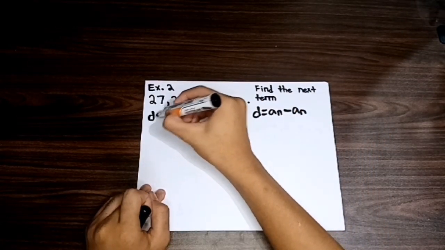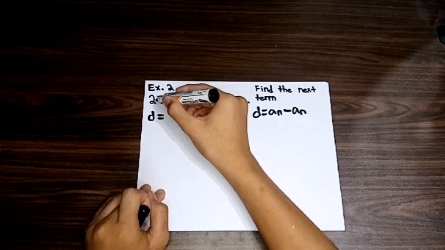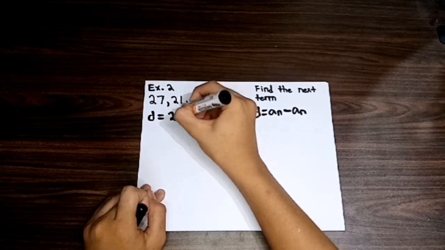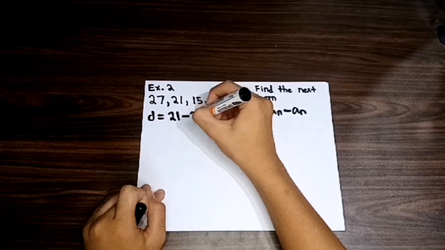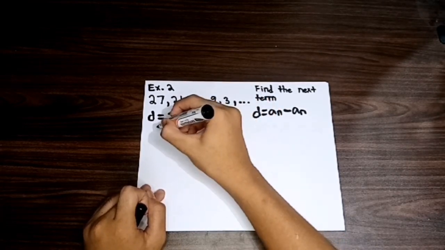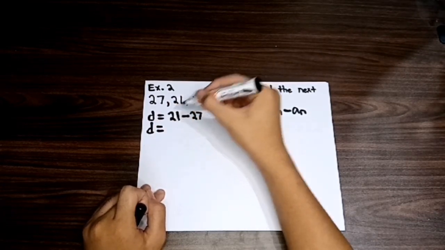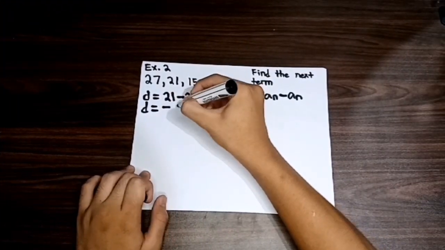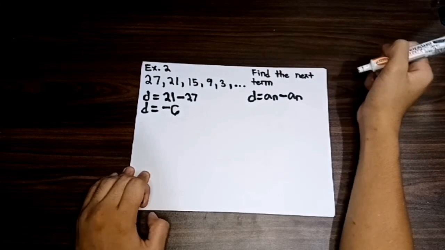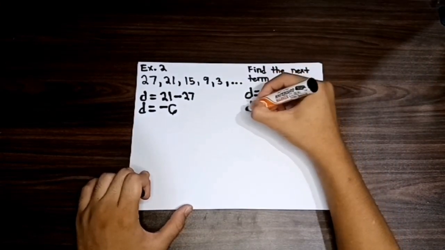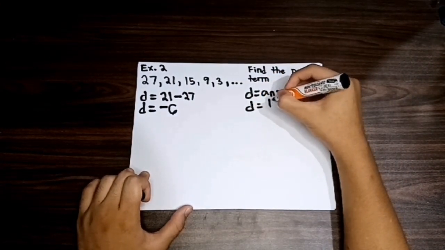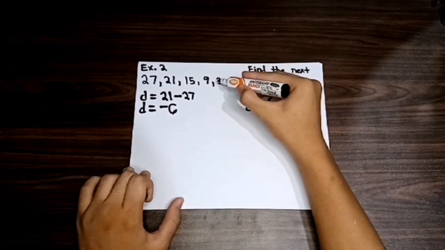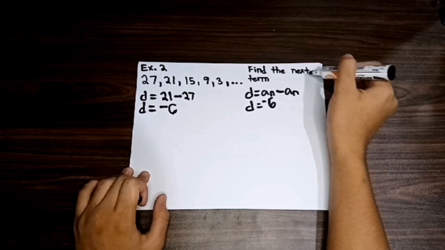So for example, d is equivalent to 21 minus 27, which is equivalent to negative 6. So now we have identified our common difference.